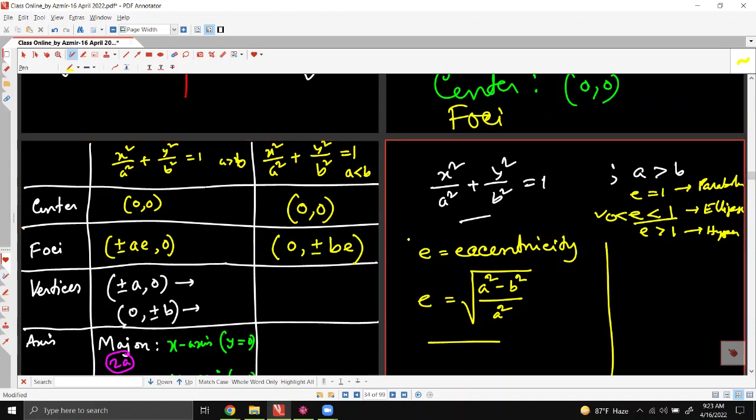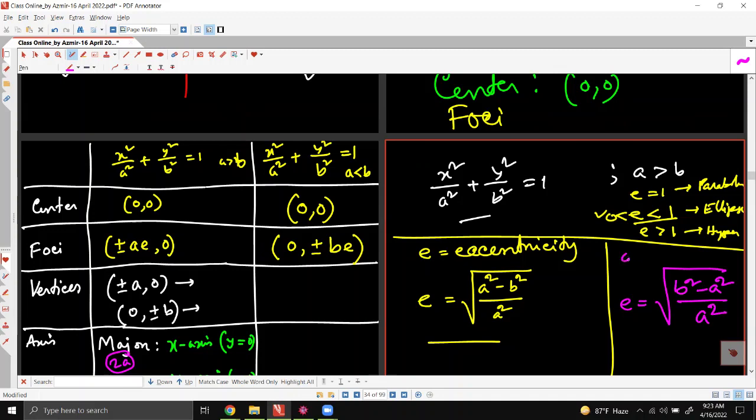But this time, the formula for eccentricity is also different. Let me write. e will be square root of b squared minus a squared over b squared. So this is for a less than b, and this one is for a greater than b.